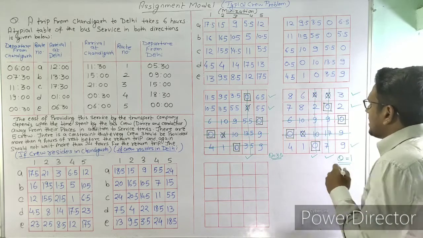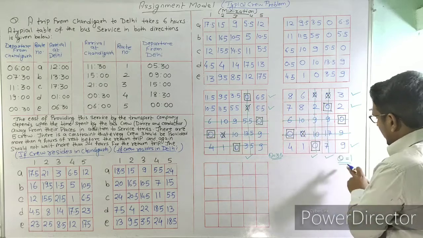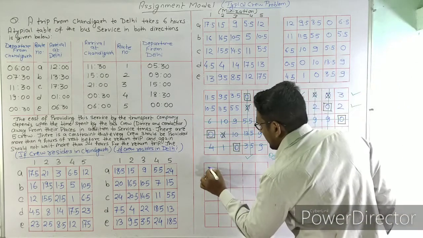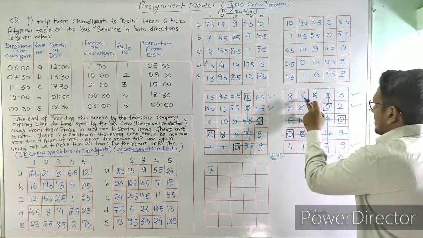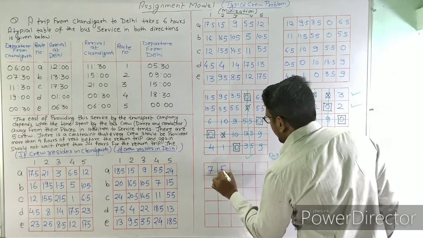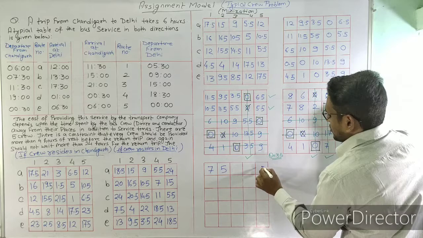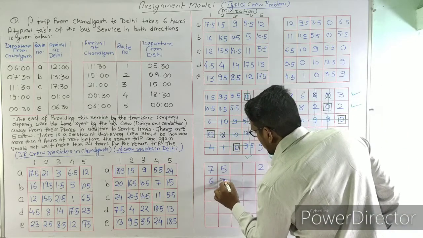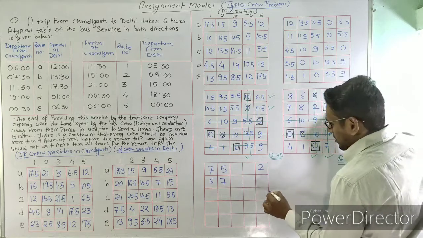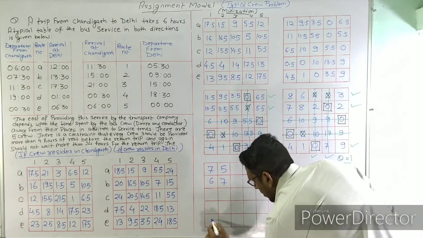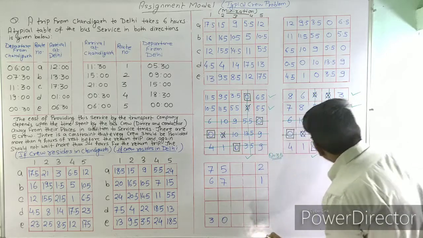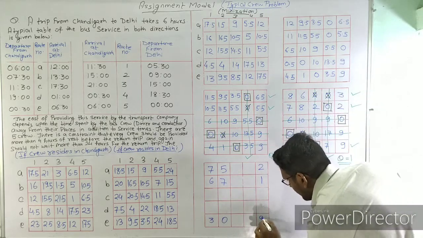So here it is 8 minus theta, and theta is equal to 1 here. So 8 minus 1 is 7. Similarly 6 minus 1 is 5, and 3 minus 1 is 2. Here 7 minus 1 is 6, 8 minus 1 is 7, and 2 minus 1 is 1. Now 4 minus 1 is 3, 1 minus 1 is 0, and 9 minus 1 is 8.